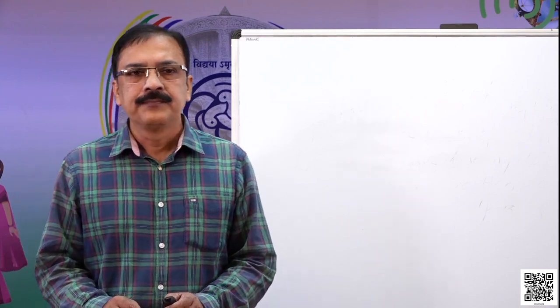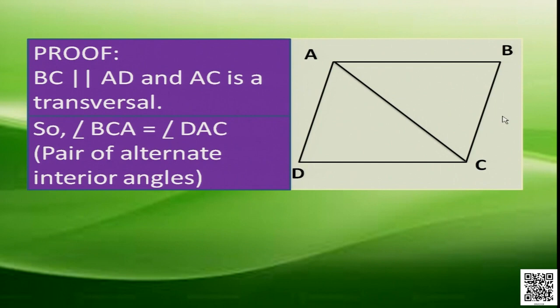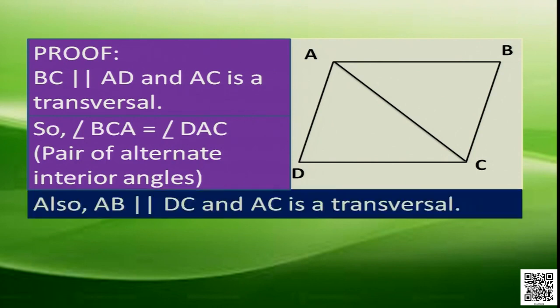Let us see. Here BC is parallel to AD and AC is the transversal. So we have two alternate interior angles, that is BCA and DAC. These two are a pair of alternate interior angles, so they are equal.